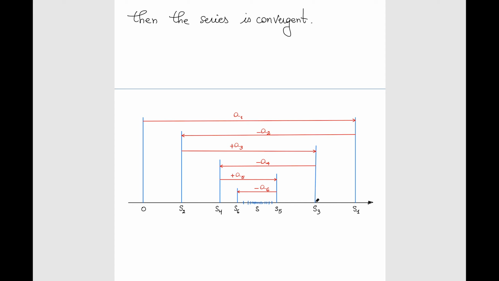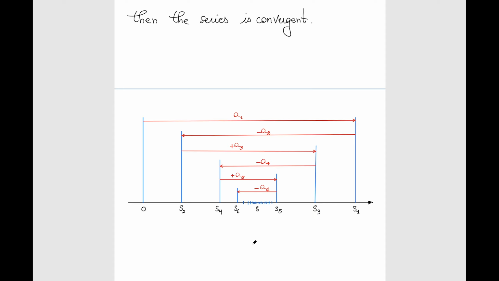If you want to go to S4, the fourth partial sum, you subtract A4 from S3, right? And because A4 is less than or equal to A3, you're not going to lose more than you gained by getting from S2. So you're just going to lose a little. You're going to lose A4, which is at most A3. So what I mean is S4 is going to be to the right of S2, and so on and so forth.